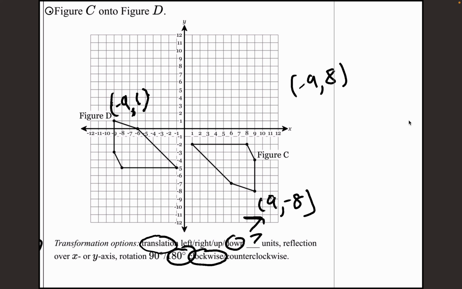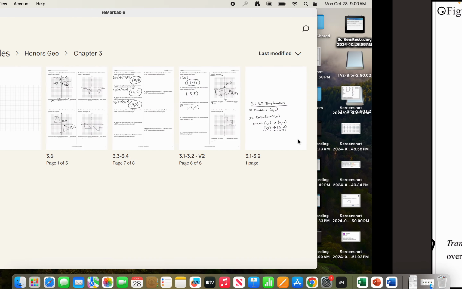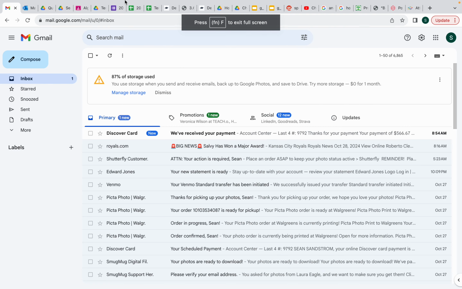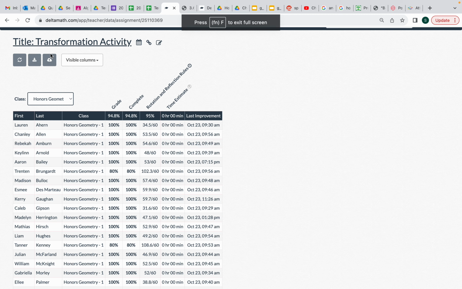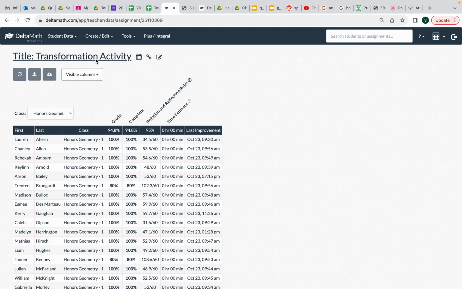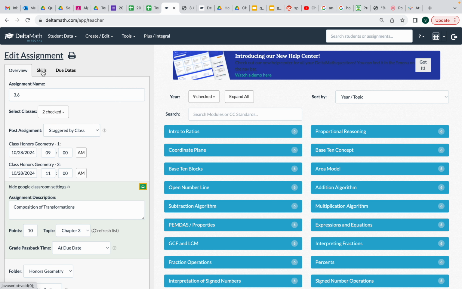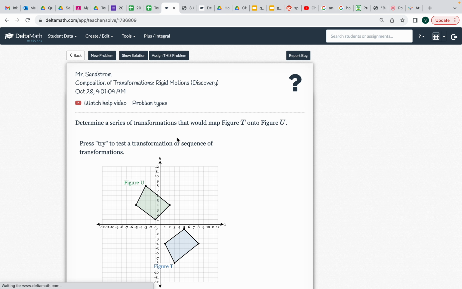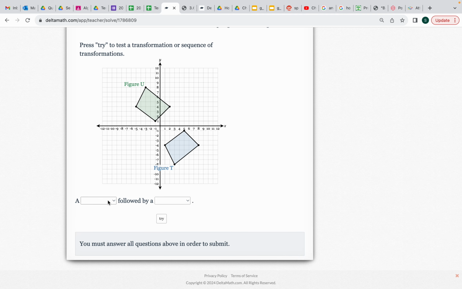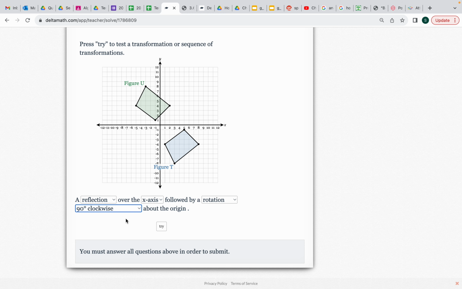Okay. Luckily, when you do the first couple examples on Delta Math, they have discovery, okay? So what this means is you get to try one and you get to hit the try button. So let's just say I'm just going to click this, and then I'm just going to hit rotation 90 clockwise, okay?